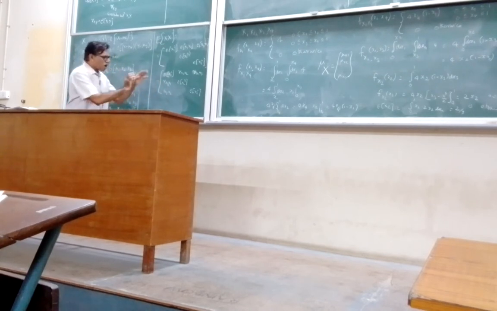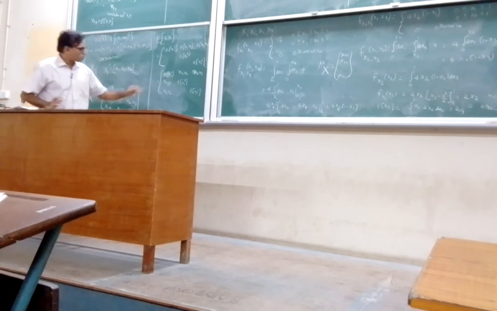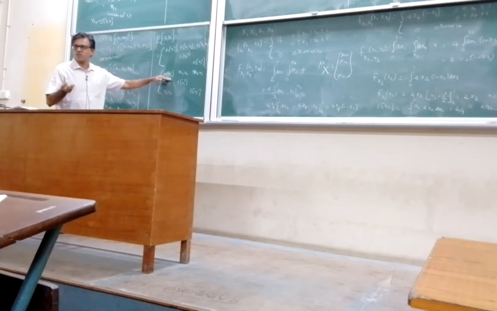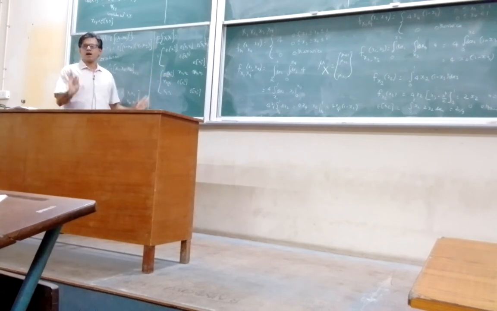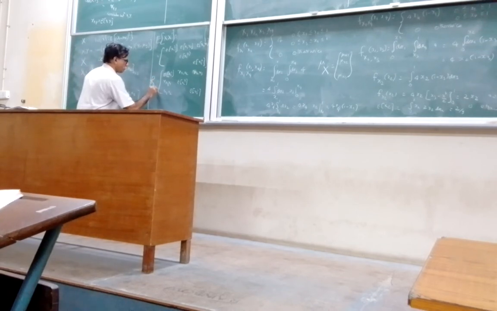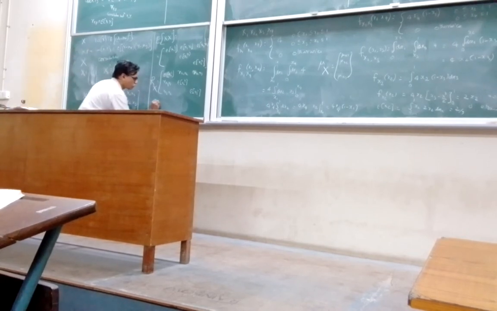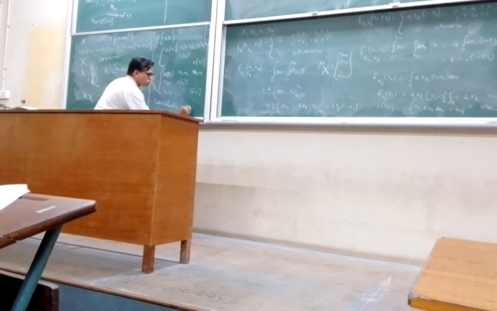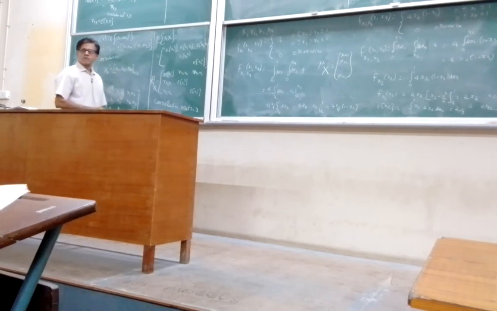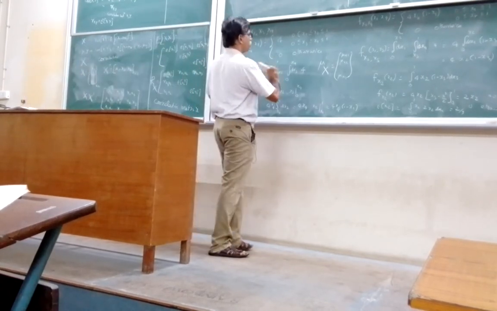So this is a matrix where all the elements are correlations. The diagonal is also a correlation only, a special kind of correlation of a random variable with itself, which we are calling the second moment. So we will use the notation Rx. It is called the correlation matrix.